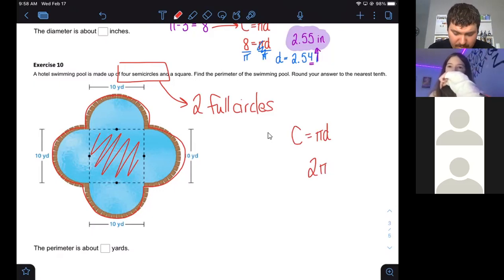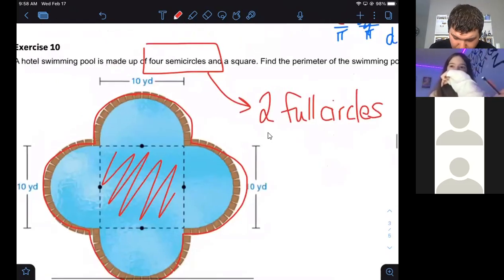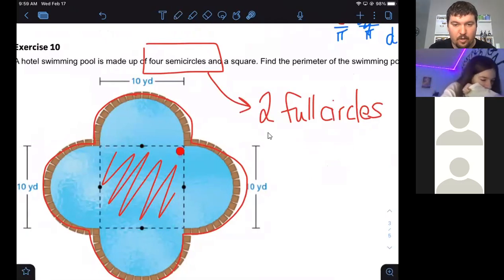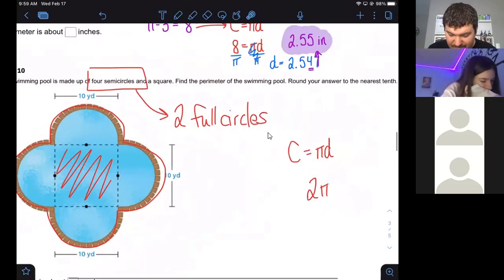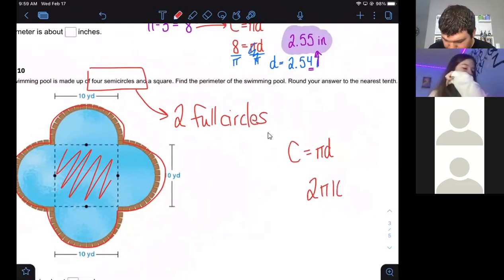And the diameter is going to be this distance here, which the problem tells us is 10 yards. No matter which way you look, it's always 10 yards. So that's the diameter. So 3.14 is pi, times 10, times 2.